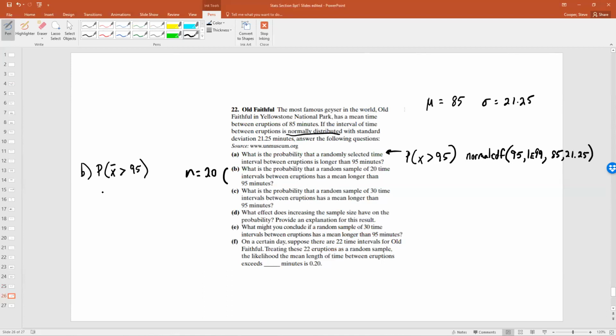Well, all we have to do is recalibrate sigma x bar off of old sigma over the square root of n. So in this case, that's 21.25 divided by the square root of 20, and that's going to be 4.75.